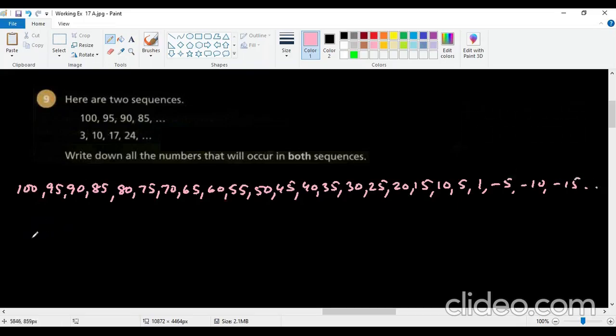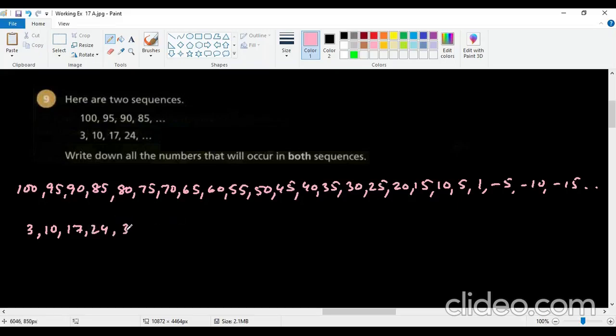When it comes to the second sequence, the first number is starting from 3, so it is going to fall somewhere over here in between. But I will write the sequence at the start itself. So it is 3, 10, 17, and then comes 24. So the difference between them is 7.